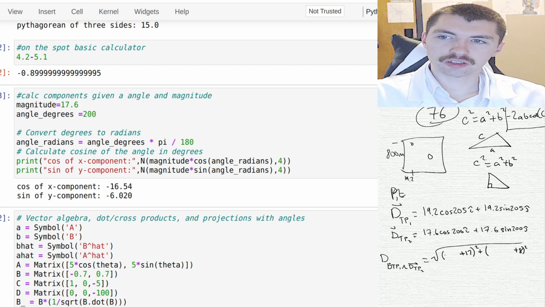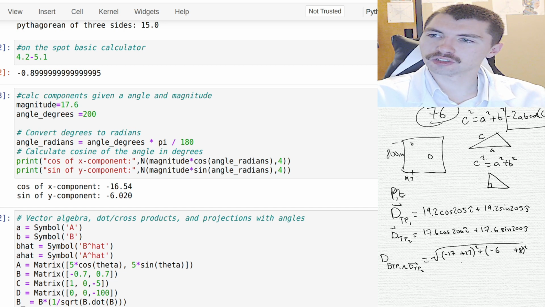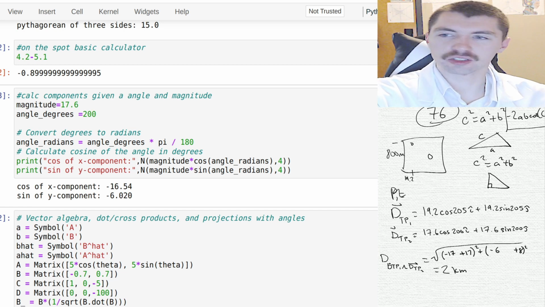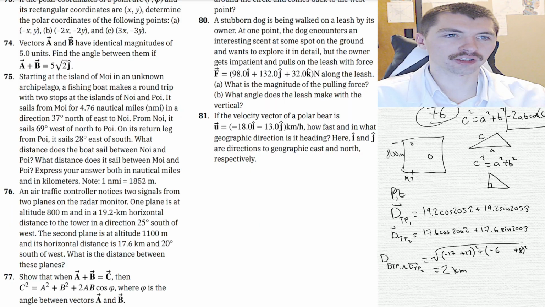So negative 17. Okay. So 2 squared, 4 squared. 2 squared is 4. Square root of 4 is 2. So it's 2. I'm guessing it's in kilometers. I kind of forget.